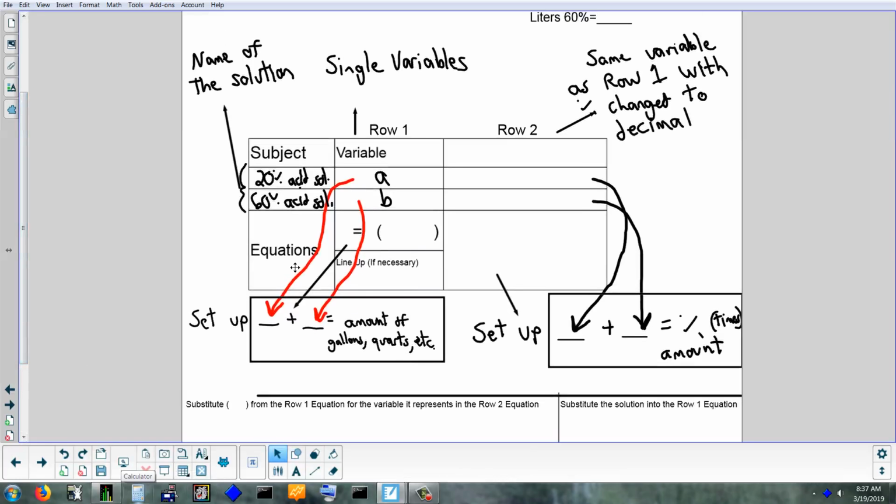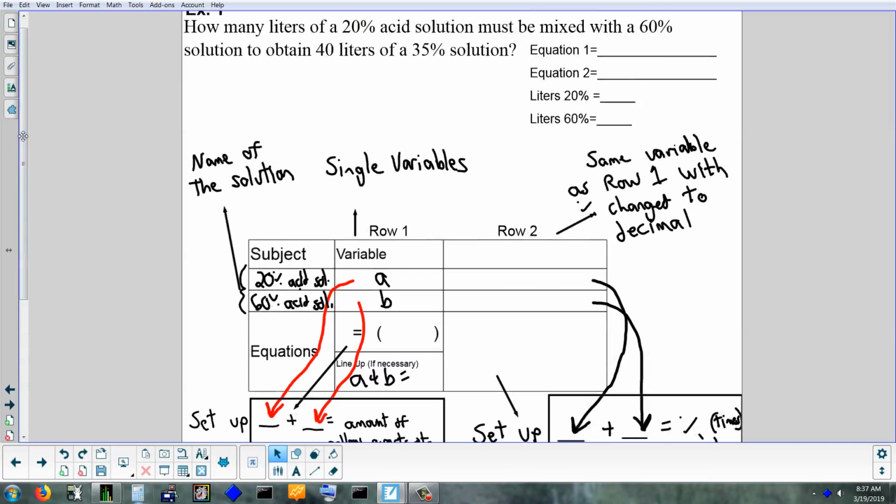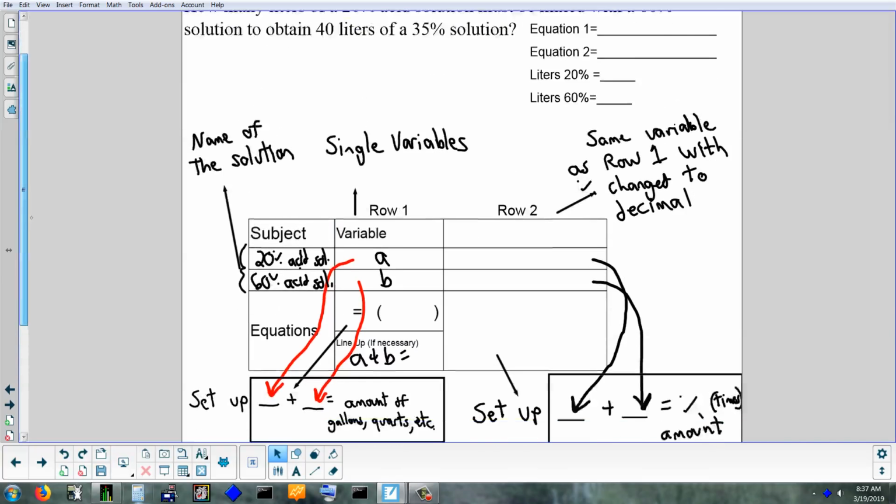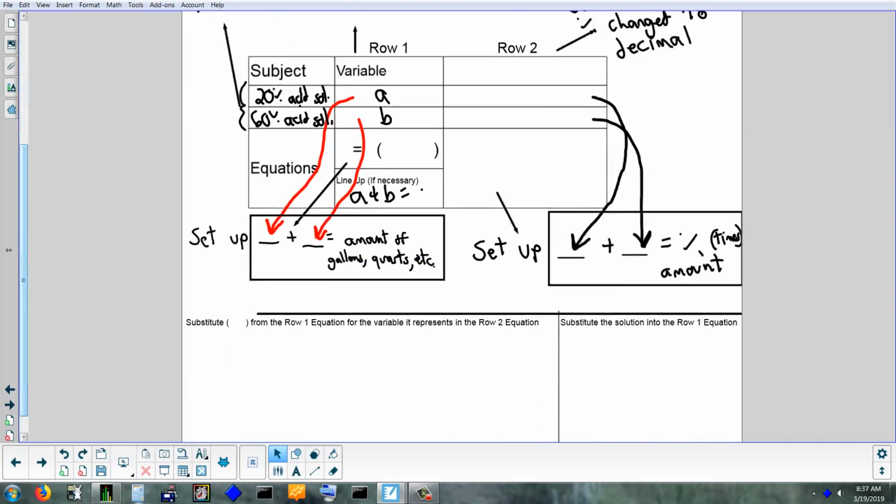Addition. So A plus B. It's got to equal the total amount we want. How much are we trying to make? 40. Equals 40. Now, is that all set to substitute?